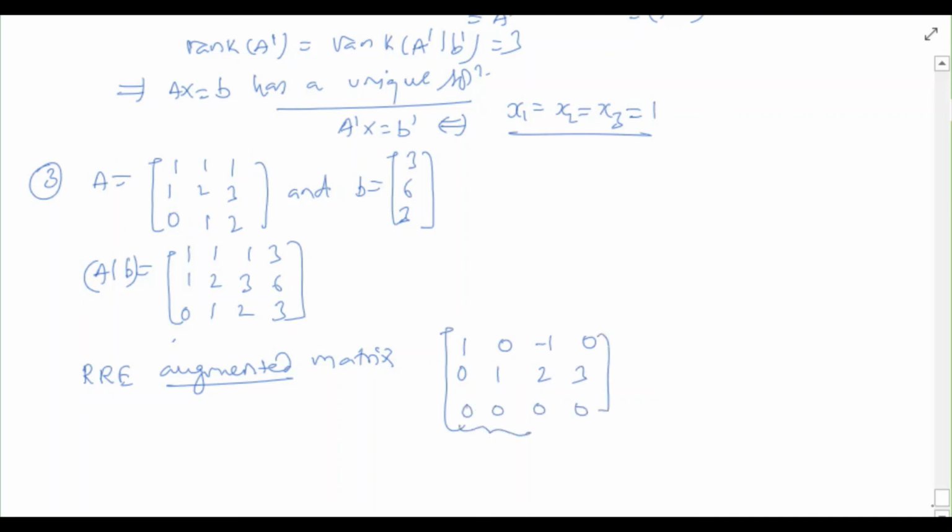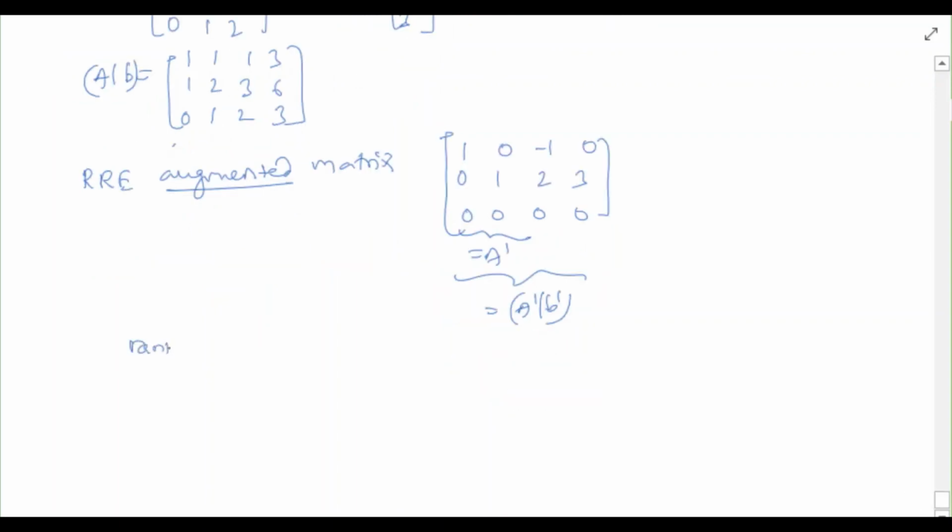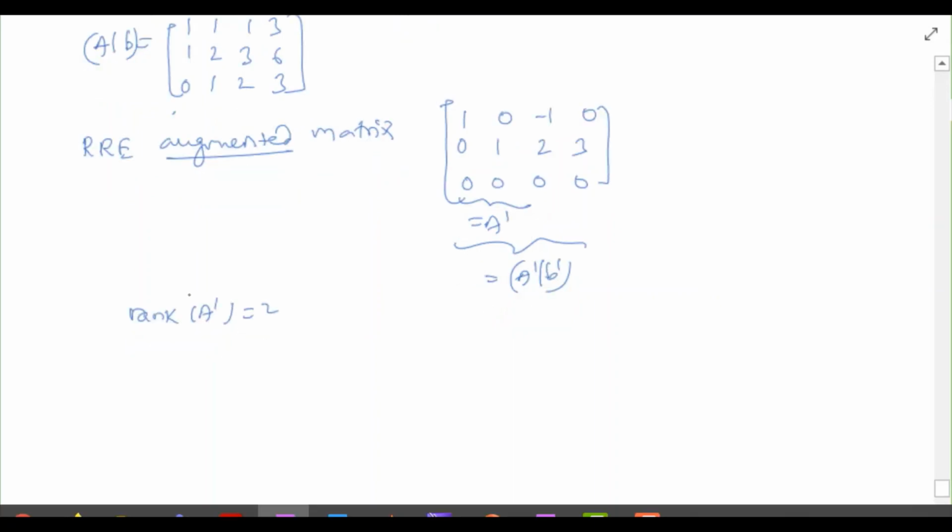As before, if I use A prime to denote this submatrix and A prime B prime to denote the whole matrix, then I see that rank of A prime is 2 and rank of A prime B prime is also 2. These can be seen merely by observing the matrices A prime and A prime B prime.